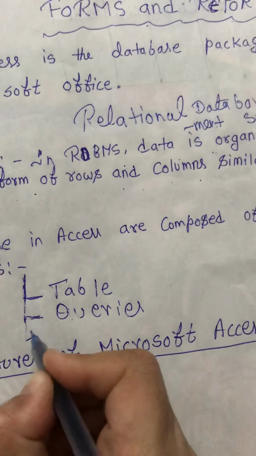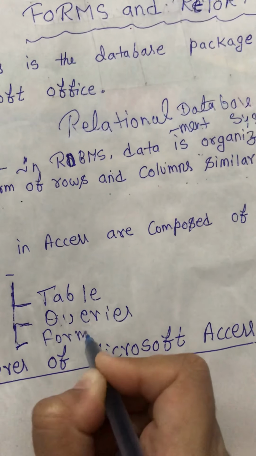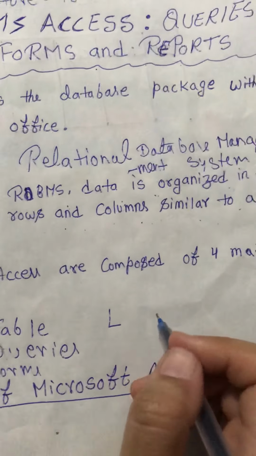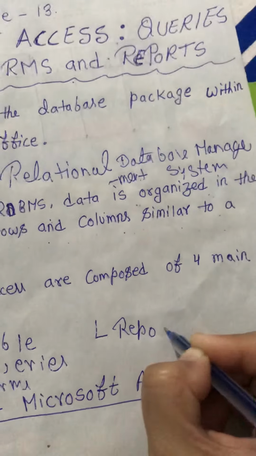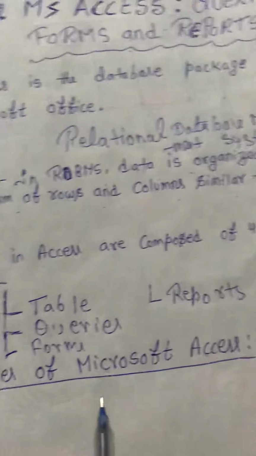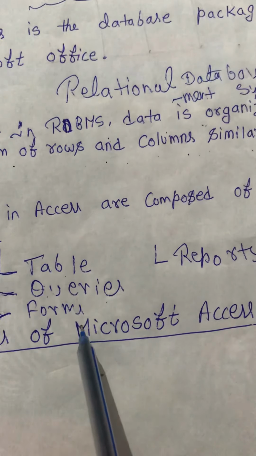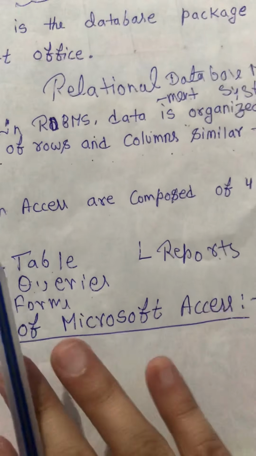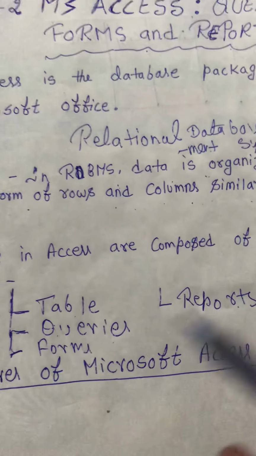Third is forms. And fourth is reports. These 4 objects, table, queries, forms and reports, are provided by MS Access. We will discuss all these 4 objects later.